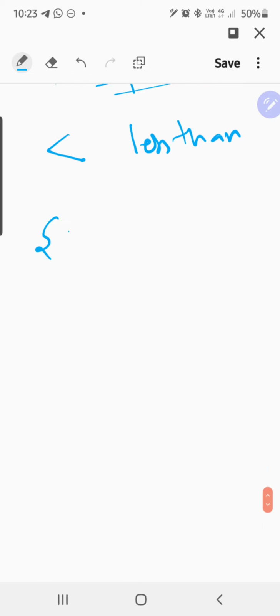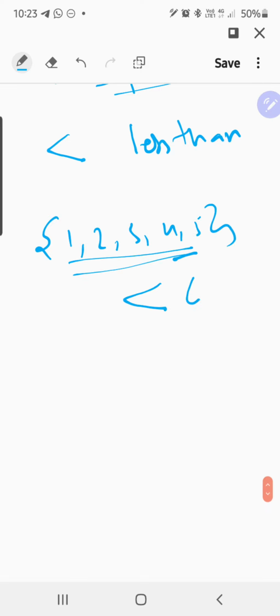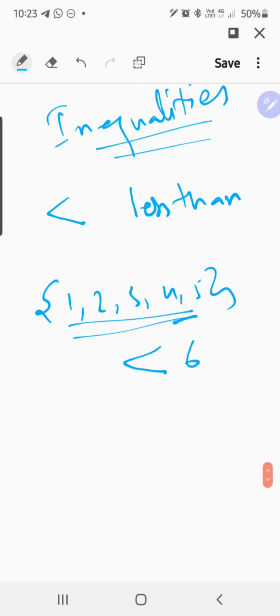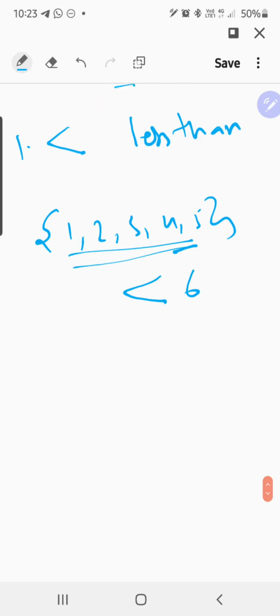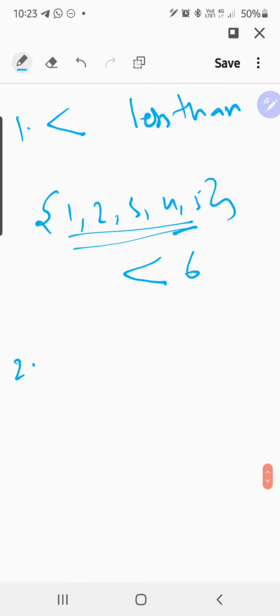For example, 1, 2, 3, 4, 5, this complete series is less than 6. Hope you are understanding. This is the meaning. This is our first inequality, less than. Second inequality is greater than.